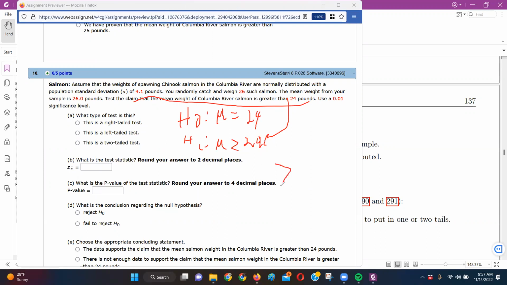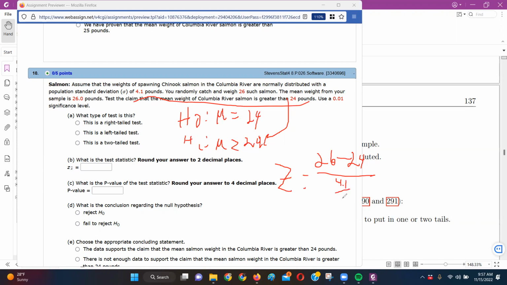So what we'll do is do a z-score, and we'll do the sample mean. The sample was 26 pounds, so we'll do 26 minus the 24, and then we're going to do the standard deviation, and the population standard deviation is 4.1 pounds.